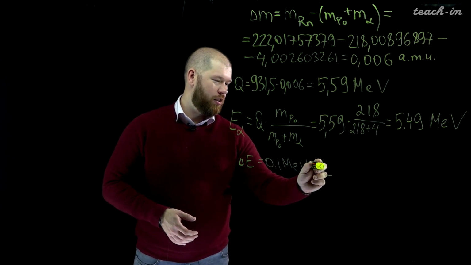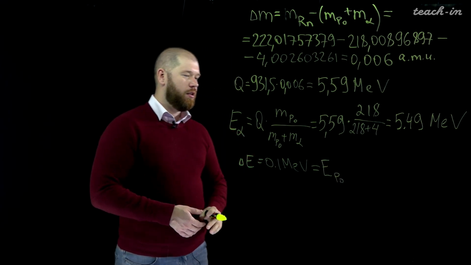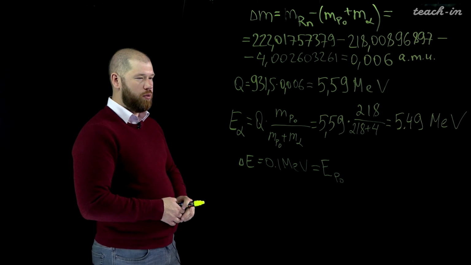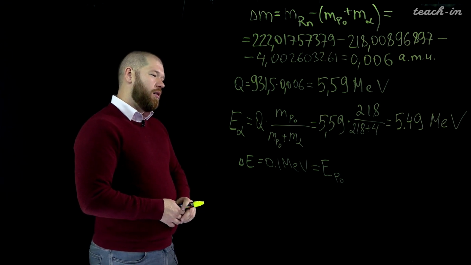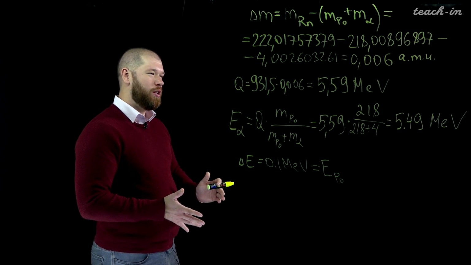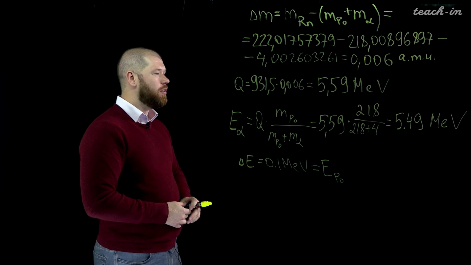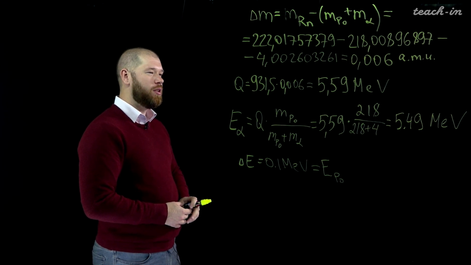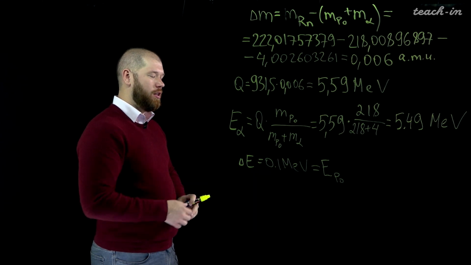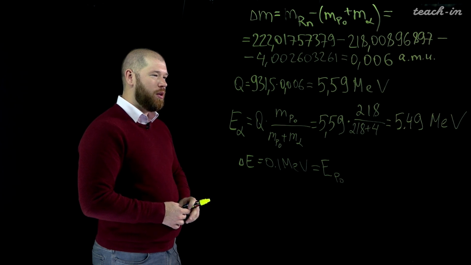This energy is the energy of the recoil nucleus, and in our case it is the polonium-218. So we calculated not only the energy of the alpha particle that is released during the nuclear decay, but also the energy of the recoil nucleus.